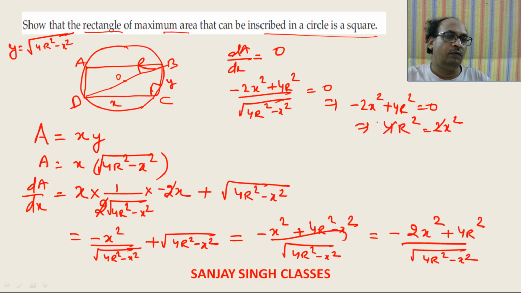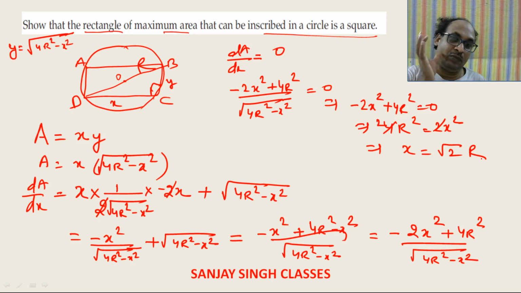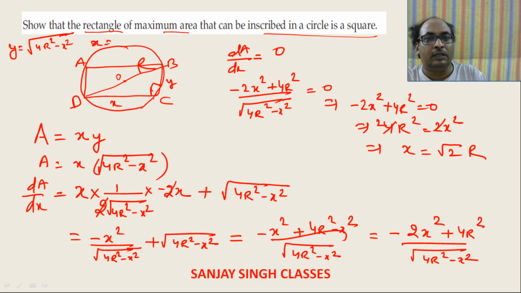Then 2 will get cancelled, left with x is equal to root 2r. So x has become root 2r now. Again we need to go for finding d square a by dx square, the second time derivative we need to find. So x equal to root 2r we have found.